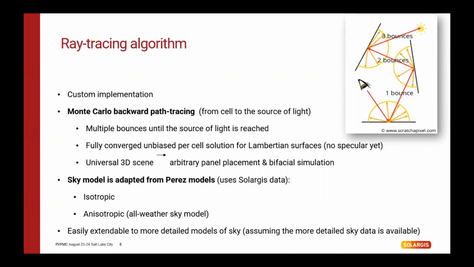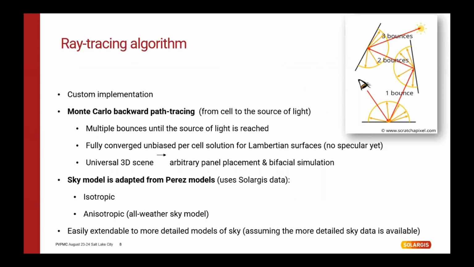This ray tracing model is a part of the simulation, and it has to be coupled with a sky model. In our simulator, we implemented Perez models, both isotropic and anisotropic, or all-weather sky model. But if there is another sky model, it can be easily replaced.